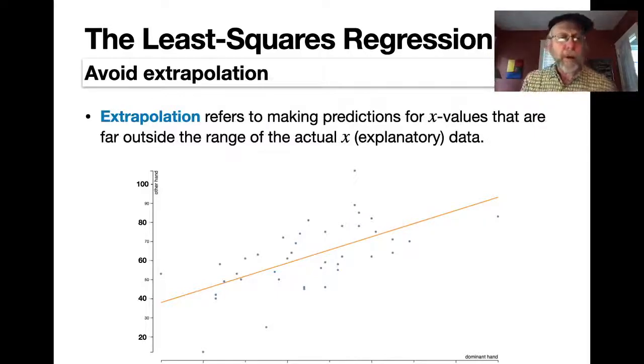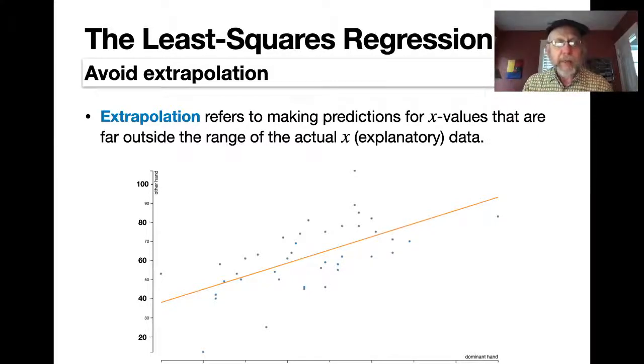Another note about regression is kind of related to that comment. Extrapolation refers to the process of making predictions from x values that are really far outside the range of the actual x data that you have. So if you look at our data again, our x values spanned a range from about 50 to 130.